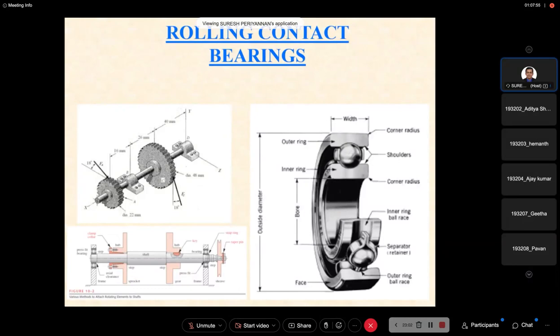What he told is absolutely correct. A bearing is a mechanical component that permits relative motion between any two mechanical parts. Minimum friction should be maintained while the mechanical parts are rotating relative to each other.